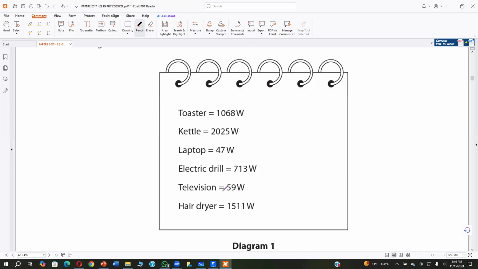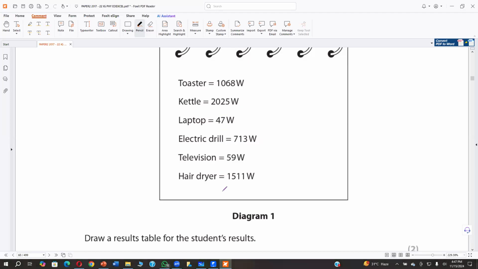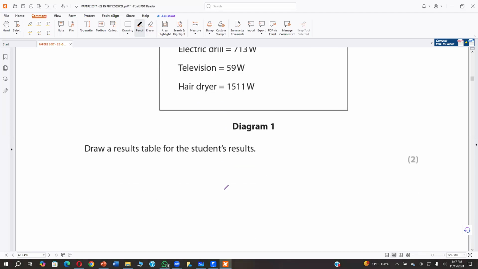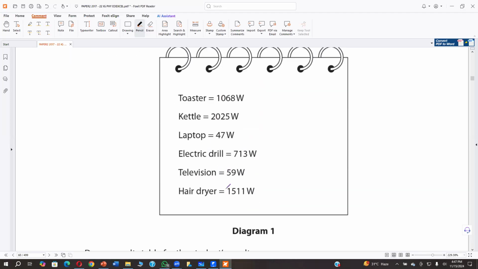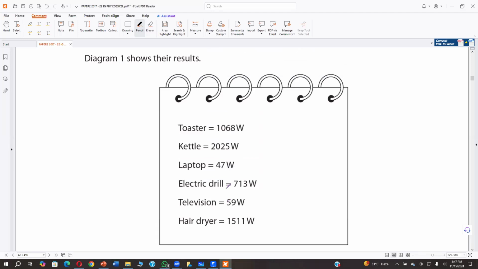Toaster, kettle, laptop, electric drill, television, hair dryer. Read the question.